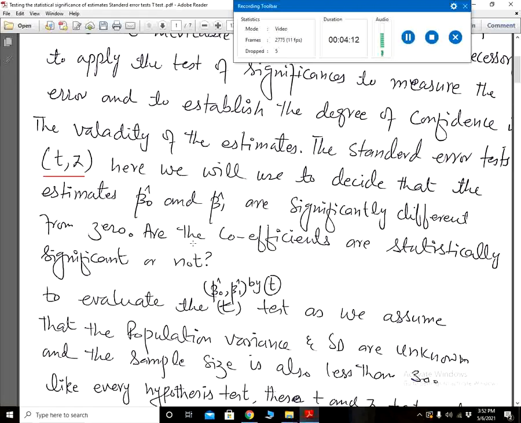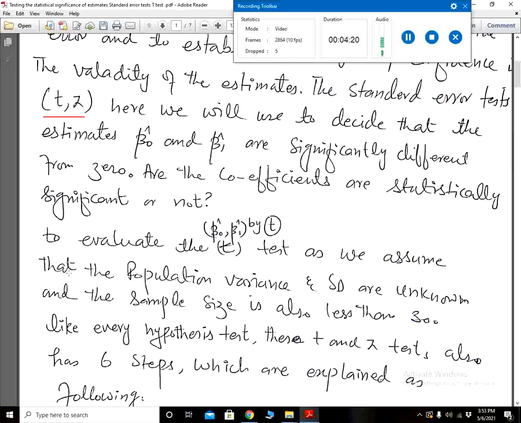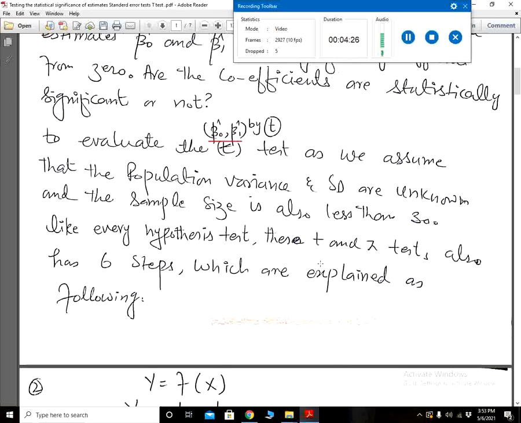It means that these values are statistically significant. Are the coefficients statistically significant or not? To evaluate beta naught and beta 1 by t-test, we assume that the population variance and standard deviation are unknown and the sample size is also less than 30.